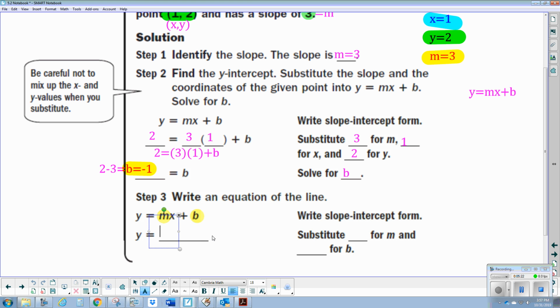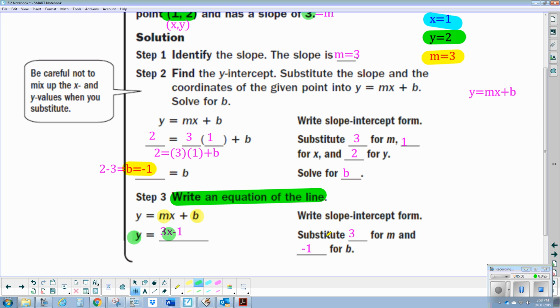So our equation is y equals 3 times x plus negative 1, which is just minus 1. We substitute 3 in for m, and now we can substitute negative 1 in for b. But when you write your equation, you still have to have an x and a y value. Those have to be variables. Our slope and our y-intercept are actual numerical values that we have.